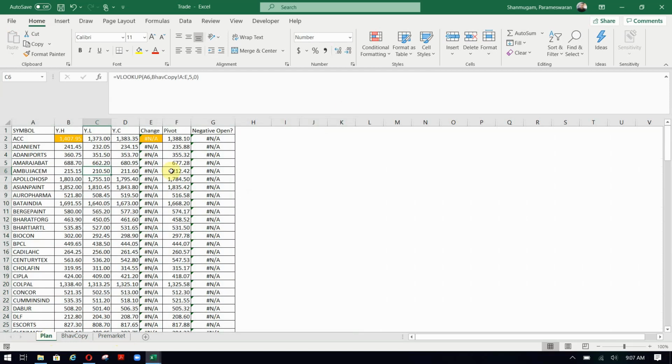What is the difference in the pre-open market, how much it has increased, how much it has decreased, that information I get. Using that information, I also make a pivot, the center pivot calculation, to understand whether the change is below the pivot line or above the pivot line.